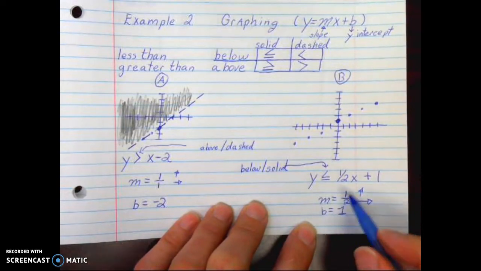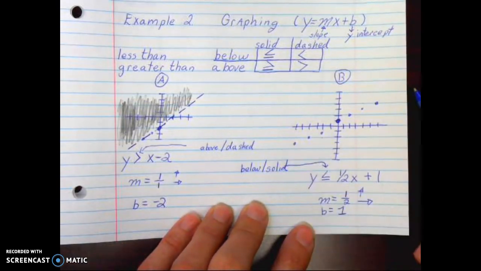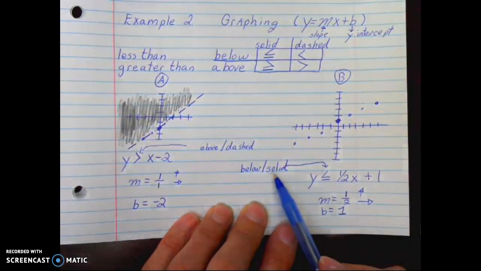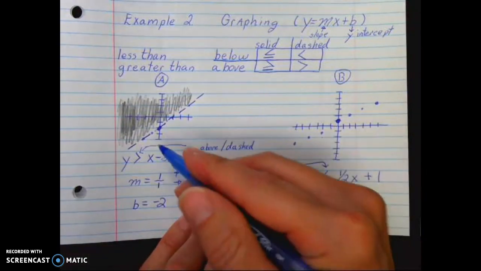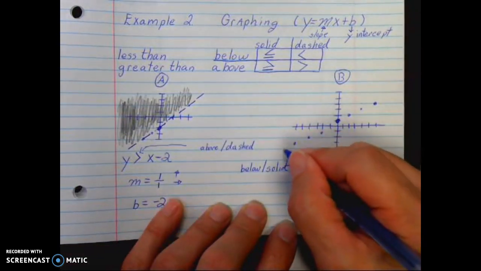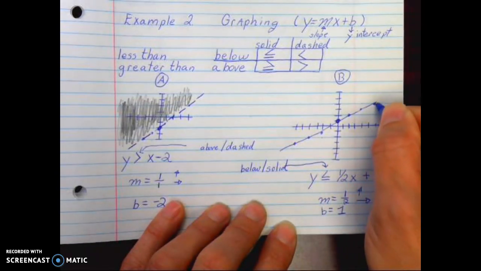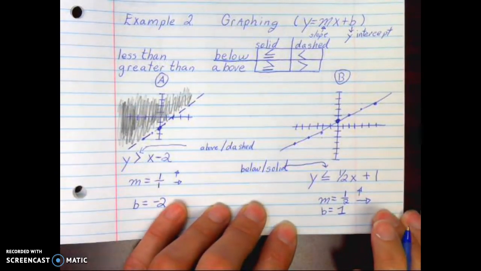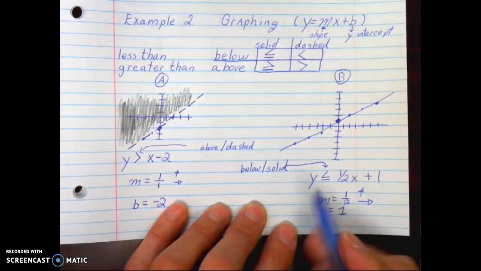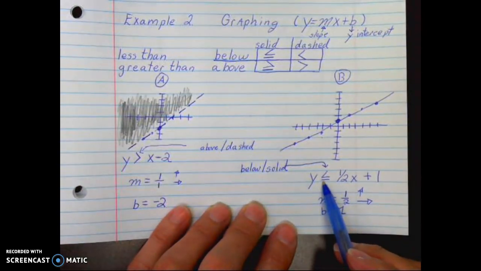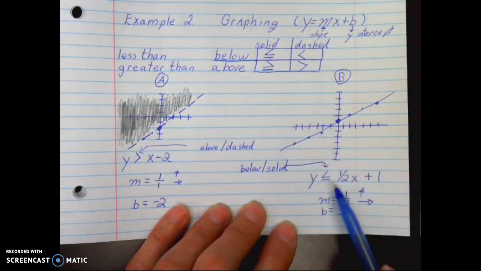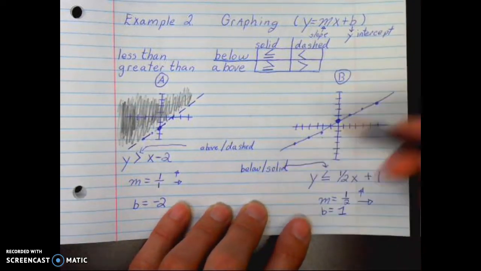Now again though, there's my rough draft. So now I need to make a solid line. Unlike the dash, we're going to go solid. So there's my solid line. And because it's less than, and the other one was greater, it's going to be shaded below or under.